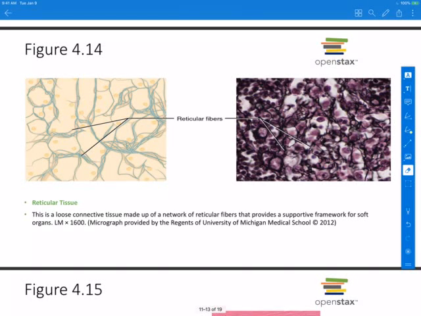The reticular cells themselves actually lie on the network of fibers. They function to form this soft internal skeleton called a stroma.